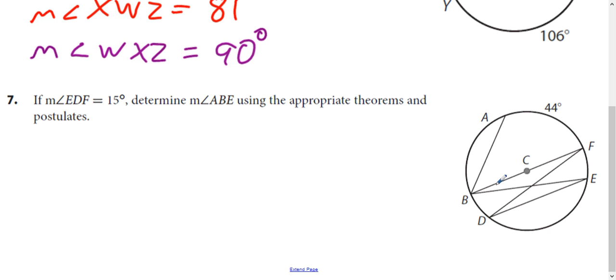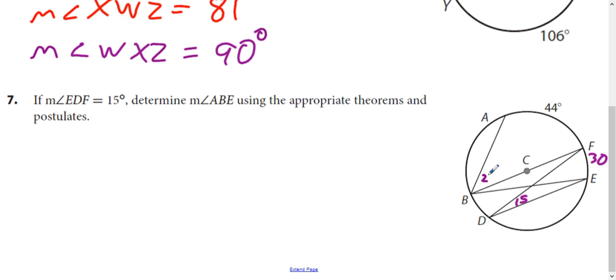EDF is 15 degrees. So that means the arc F to E is 2 times that, so 30. We're trying to find the measure of ABE. So we do know that this arc up here is 44 degrees.